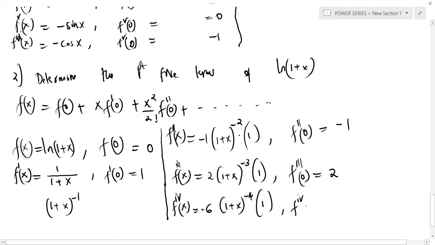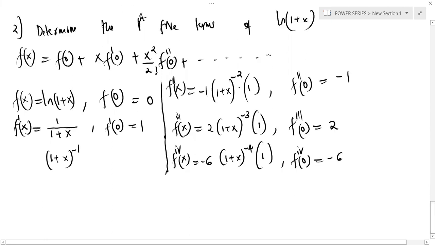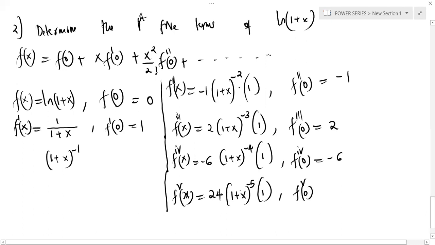So f fourth prime of 0 will just give us -6. What of f fifth prime? I'm using the short form chain rule. F fifth prime of x will be 24 into 1 plus x raised to the power -5, multiplied by 1. So f fifth prime of 0 will just give us 24.